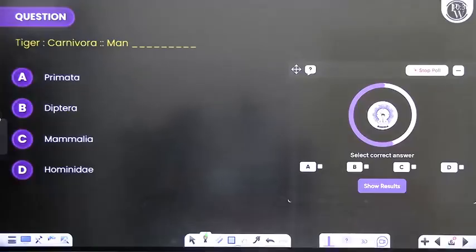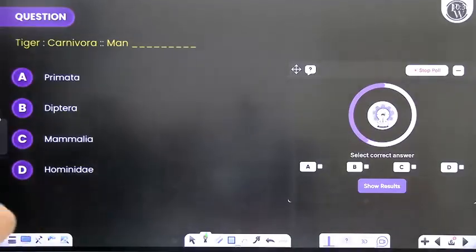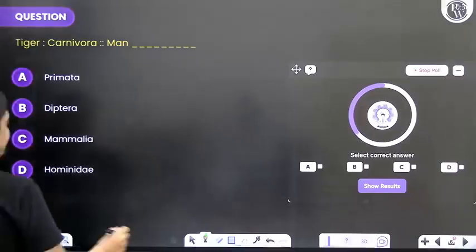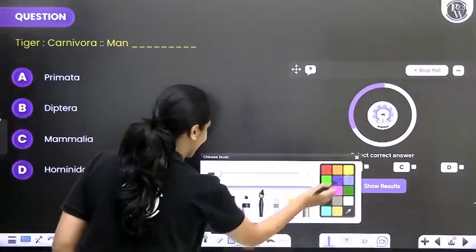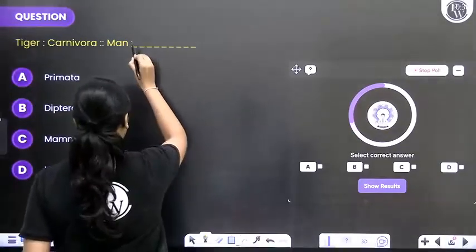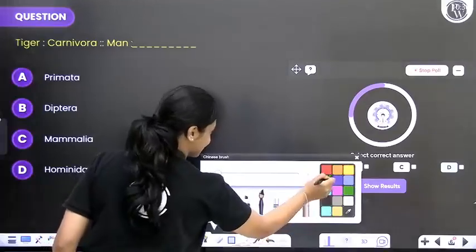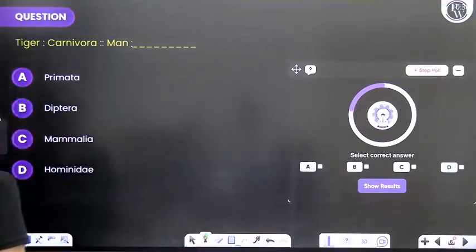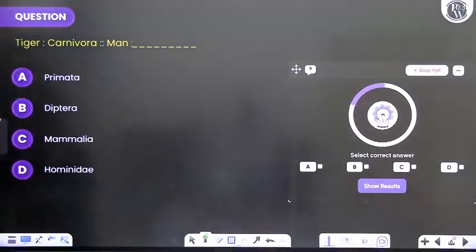Nice. Shahid has got, okay, 7th rank. Read the question carefully. Tiger carnivora, man what? This is an analogy kind of question. I'm so proud of myself. I created all of these questions in the morning. Tiger, Carnivora.